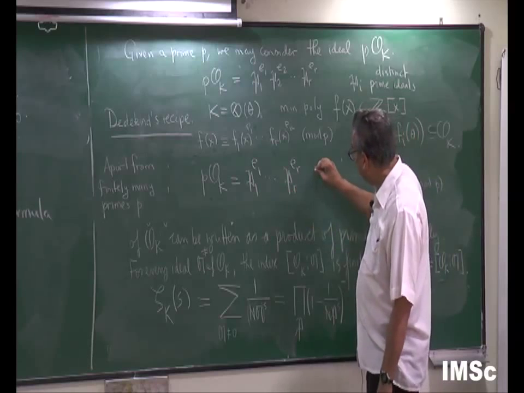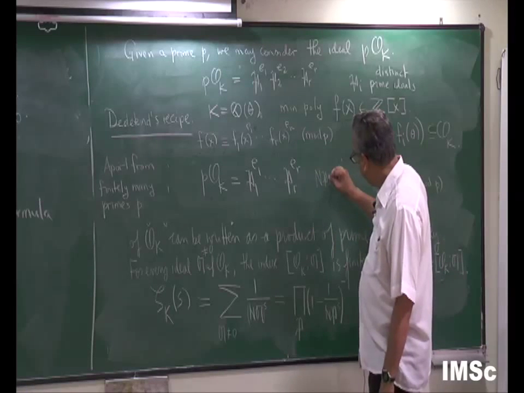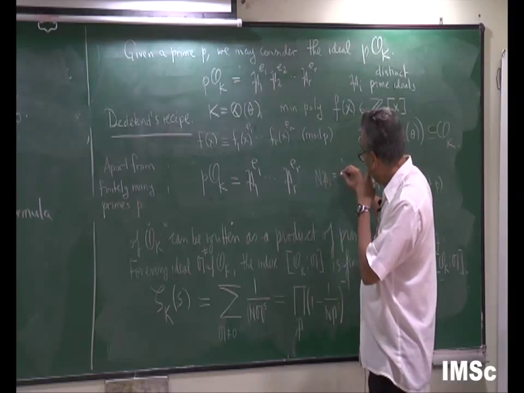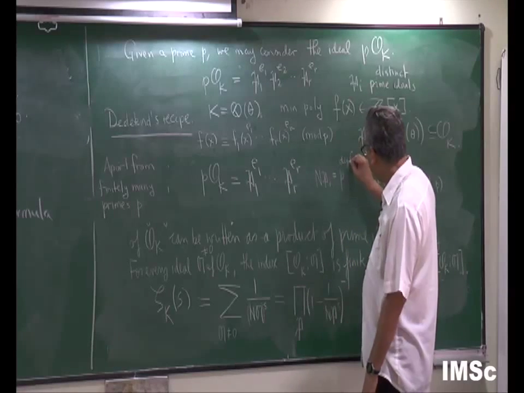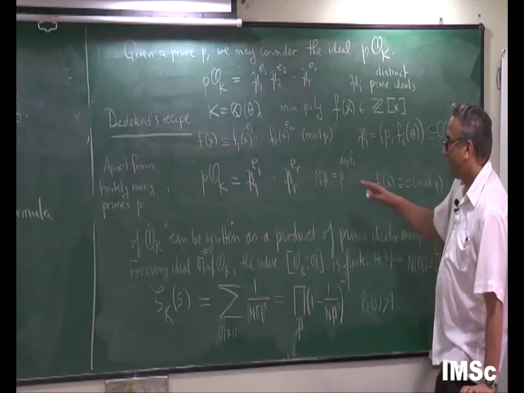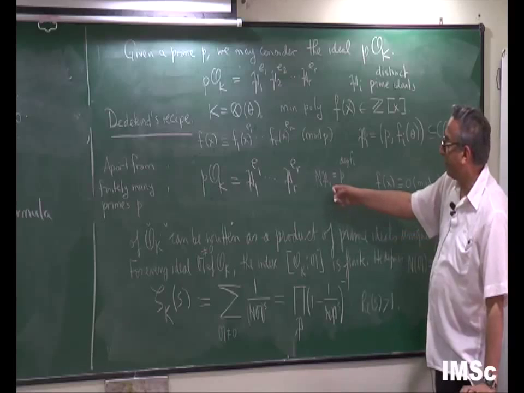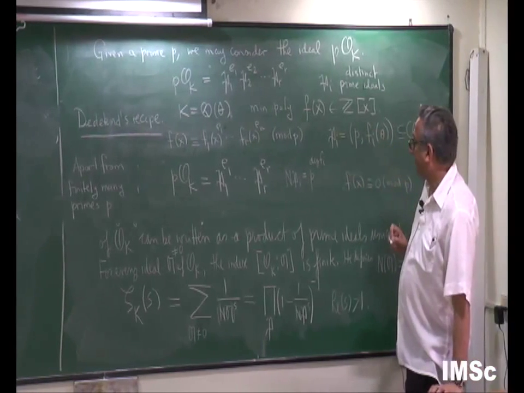Oh, there's one more point that I should tell you: the norm of the ideal P_i is p to the degree of f_i. This functoriality is so neat. The norm of these prime ideals is p to the power degree of f_i.